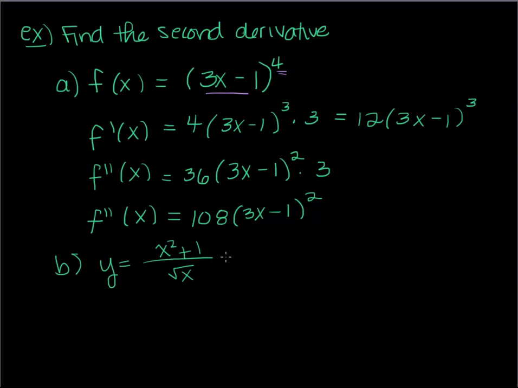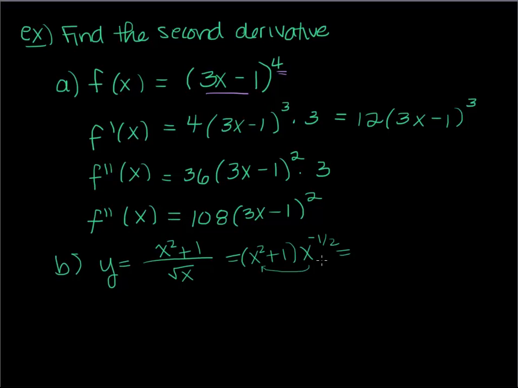Again, the first thing I want to do, remember we did this in the last section, is rewrite the square root of x as x to the negative 1/2. Then I'm going to multiply this through because I cannot take the derivative of this times the derivative of that. Up here, if I had x cubed, I would have had a 3x squared out here, which we wouldn't have been able to do because we don't actually know the product rule yet. We are going to soon, but we don't know it quite yet.